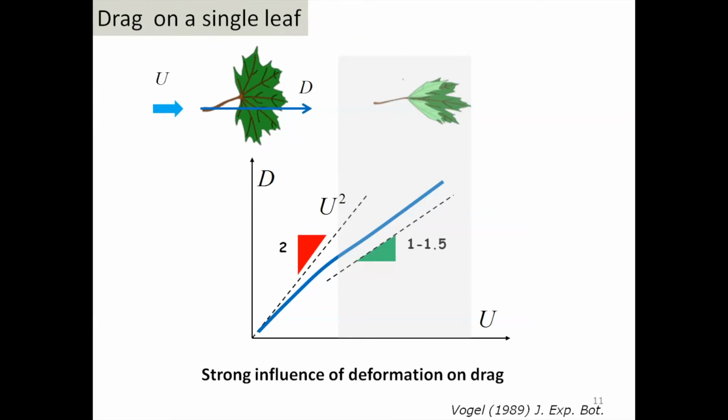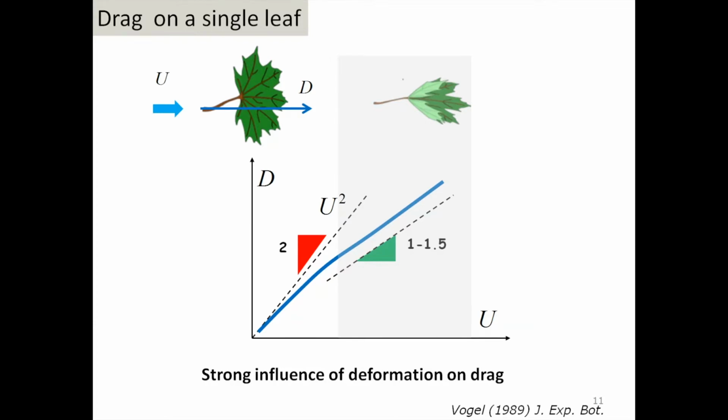There is a lot of work that has been done on the drag affecting a plant or plant organ when you have flow on it. This is important, for instance, just for the integrity of the leaf. There is a seminal paper by Steve Vogel in the late 80s, where he measured drag on a single leaf in rather high flow, so high Reynolds flow certainly.